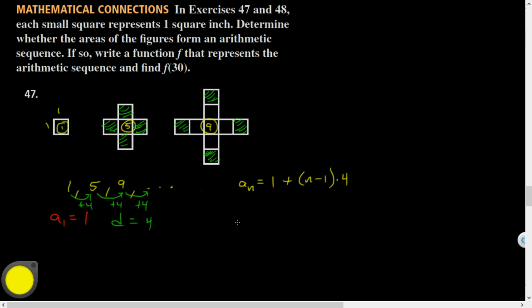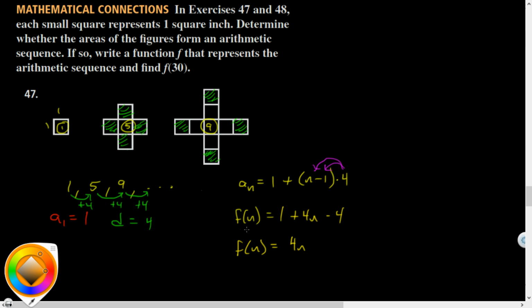So I'm going to write this as f of n equals 1 plus 4n minus 4, and we might as well do some distribution here and simplify. Make everybody happy. Let's see, this video is getting a little bit long now. I'll put the 4n first. Combine some like terms.